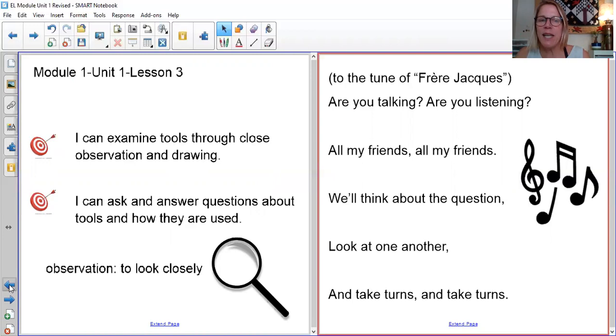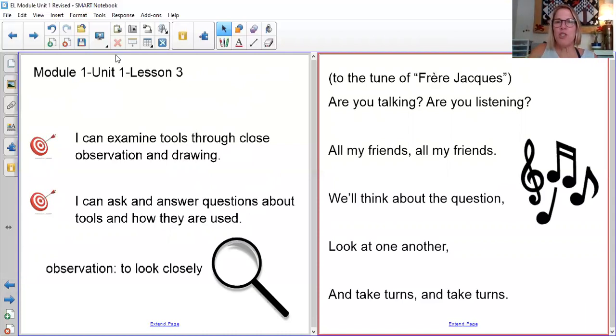Next, I can ask and answer questions about tools and how they are used. We'll be talking about that during our Zoom today. So remember, a question might be, what do I use a spatula for? Where can I buy a spatula? Why do I use a spatula?